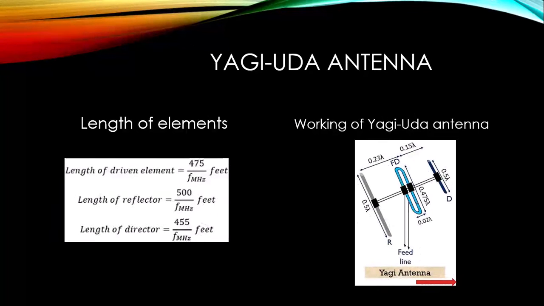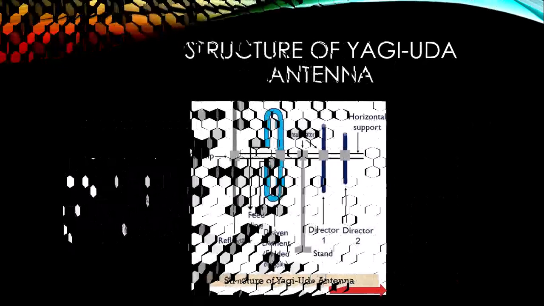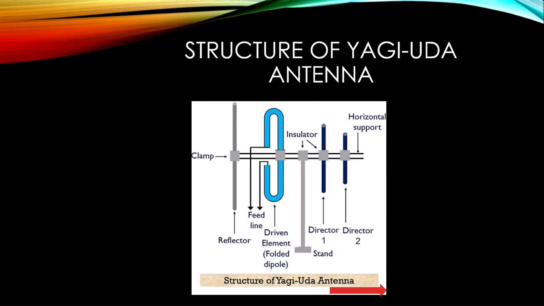While the directors are almost 5% shorter than the driven element, in example the half length at the resonant frequency, and are placed at the other side of the dipole, as these are used to provide maximum directivity to the antenna.